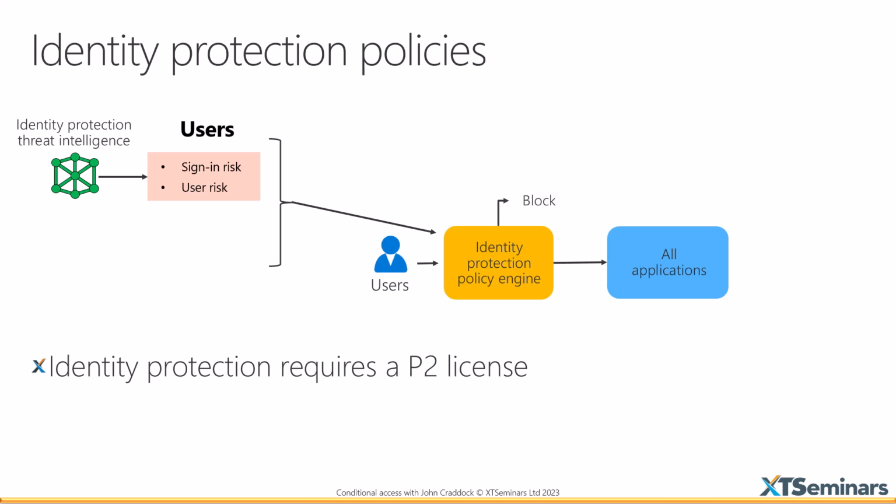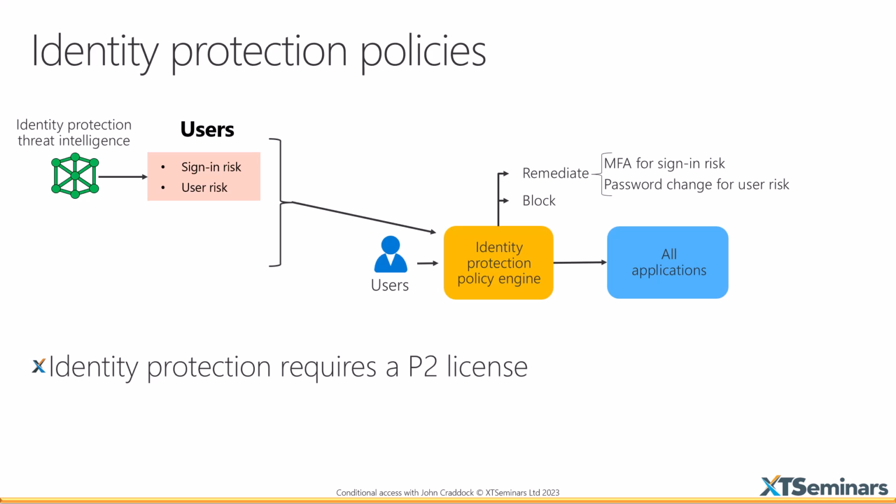And what you can do is you could block a user's access depending on the value of the risk. We could also remediate, and we remediate differently depending on whether we've got a sign-in risk. If there's a sign-in risk, we get the user to do MFA to remediate that risk. If it's a perceived user risk, we get them to do a password change for the user risk.